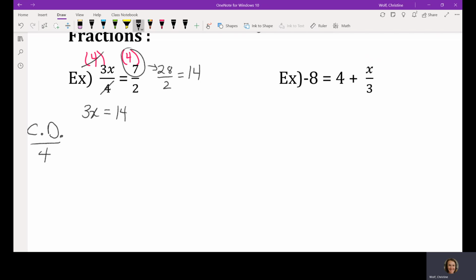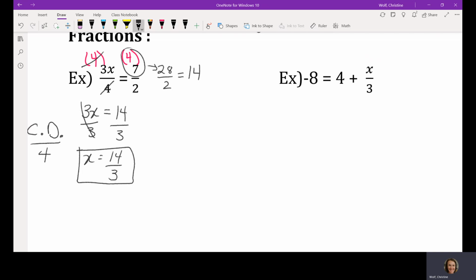So by multiplying each side by the common denominator, it actually cancels out the fraction completely. Then we divide by 3 to cancel out those 3's there. X is all by itself, and 14 over 3 doesn't reduce, so we're done.